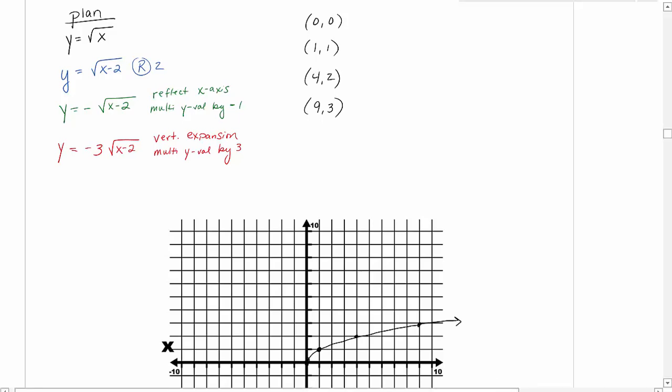And we're going to add 2 to all of those x values to get our new points. 2, 0, 3, 1, 6, 2, and 11, 3. And we're going to just see our graph shift 2 to the right. And there's our second graph in blue.